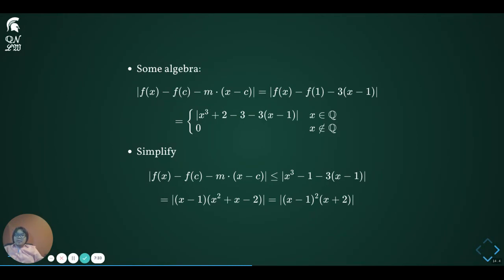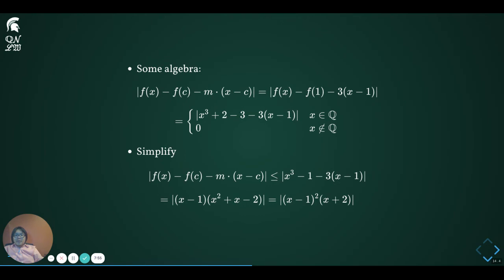When x is a rational number, the difference turns out to be this expression between absolute values. When x is irrational, since the function is linear for irrational inputs, the difference between the function and its best linear approximation, as we may expect, in fact vanishes.